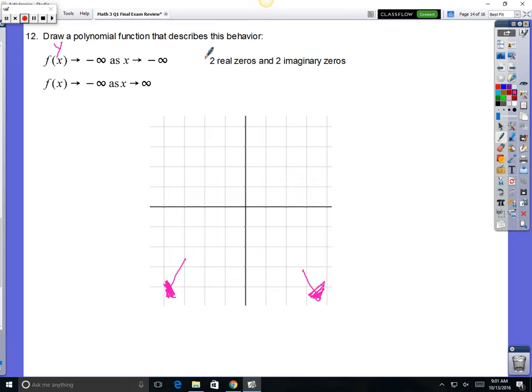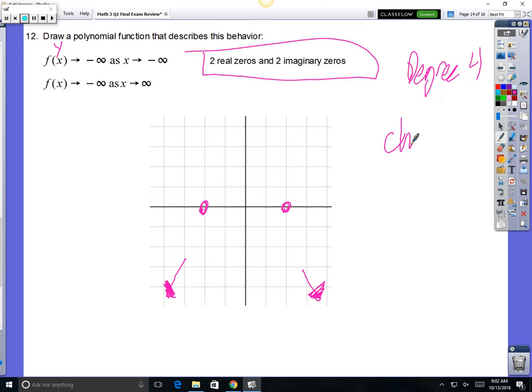Okay, so here we go. There's going to be 2 real and 2 imaginary, so that means it is degree 4. So 2 real zeros, you could put 1 here, and you could put 1 here. So if it's degree 4, that means it's got to change 3 times.